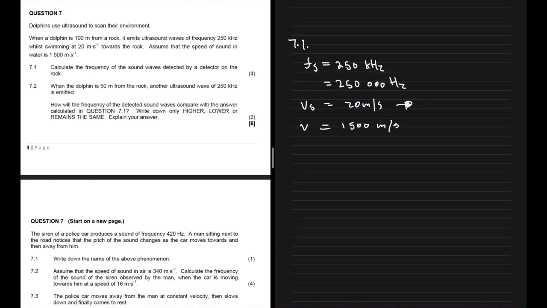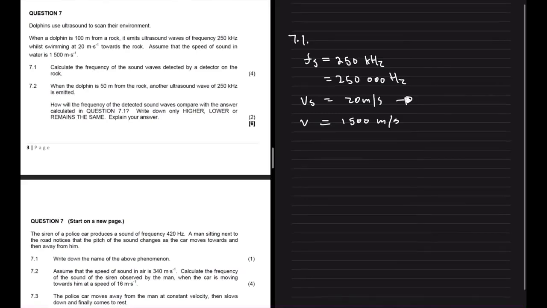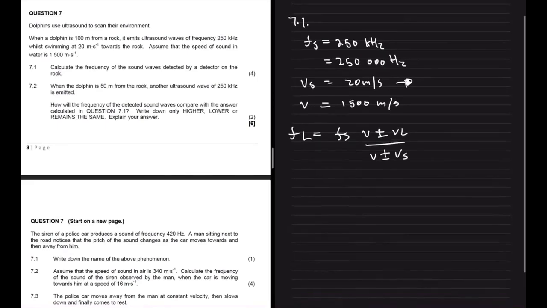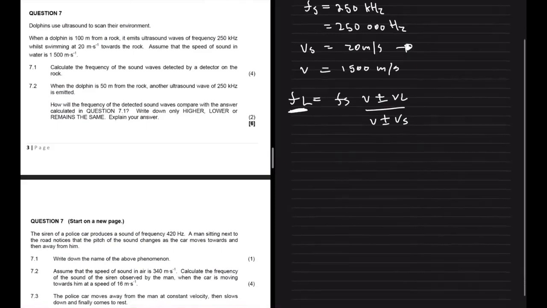Then we're supposed to calculate the frequency of the sound waves detected by the detector on the rock. So we have F of listener equals F of source, V plus or minus V of listener, divided by V plus or minus V of source. So we are interested in finding FL. We have everything else, so it's just a matter of subbing in what we have in the equation.